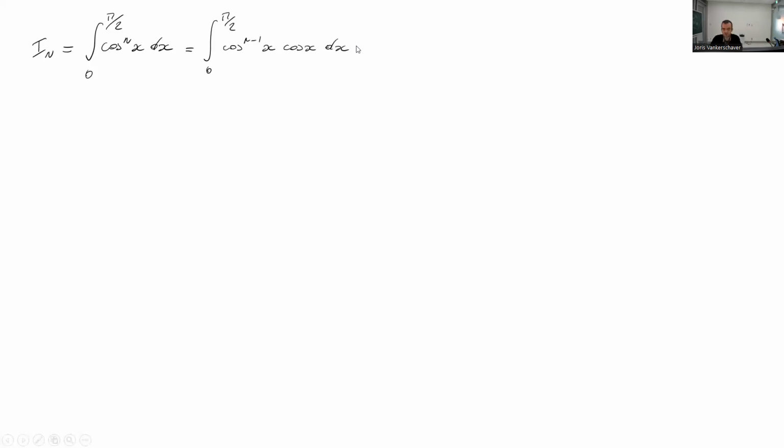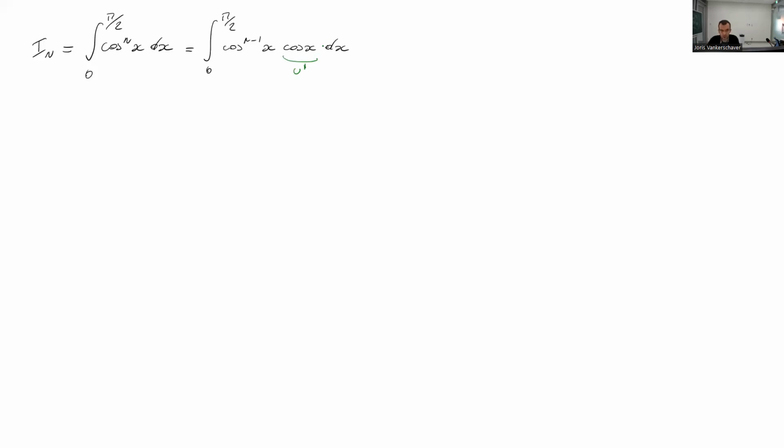Now it's going to depend on the power n whether we can make a nice substitution or not. But let's put the substitution idea on the side for a moment, and let's try to use integration by parts. So what I'll choose is, I'll put this equal to u prime, because it's something that I can easily integrate.